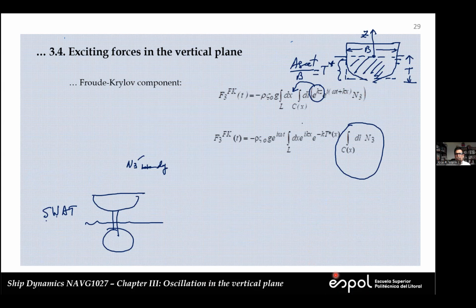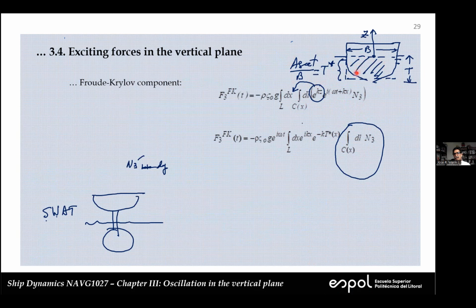So this trick is that we take a representative value for z in the section. And since it's a value for the whole section, it doesn't change with the position on the section. So we can take this outside this integral. So we're left only with this. Now, to evaluate T star, there are many ways to do it. This is the classical one.